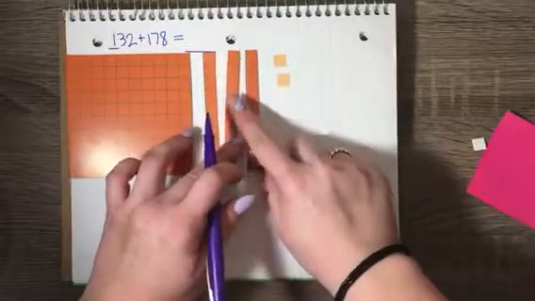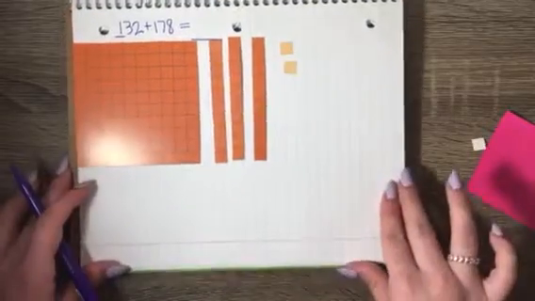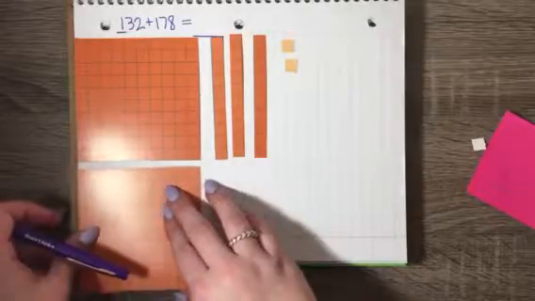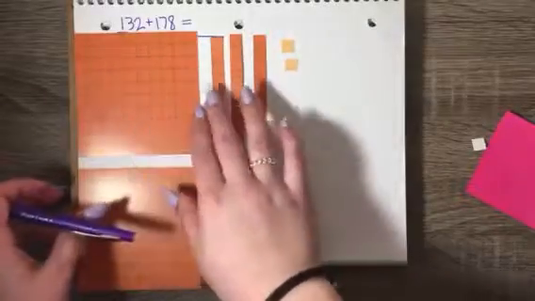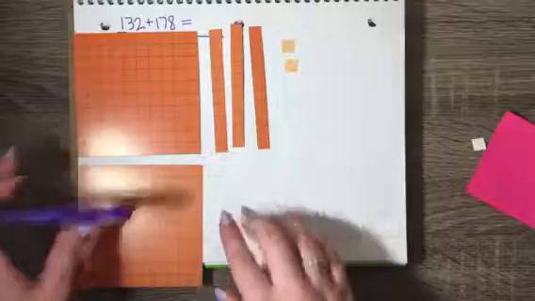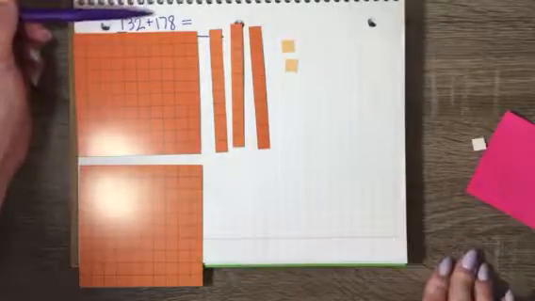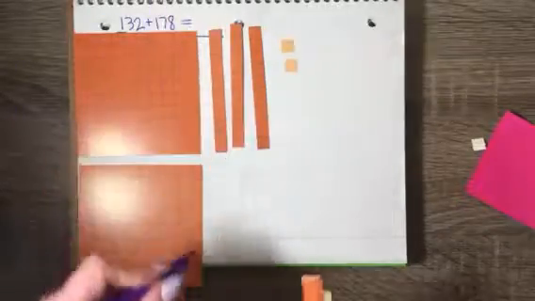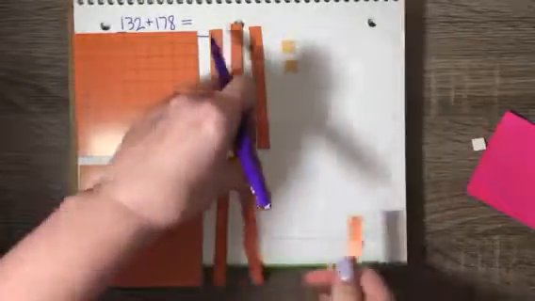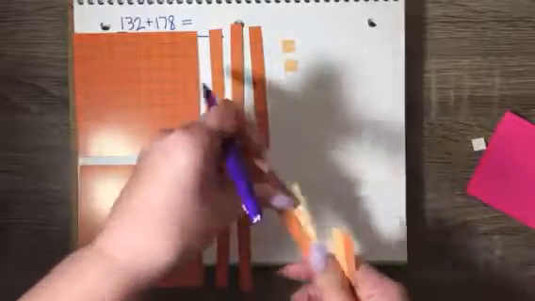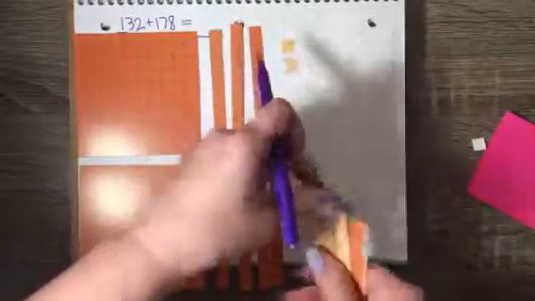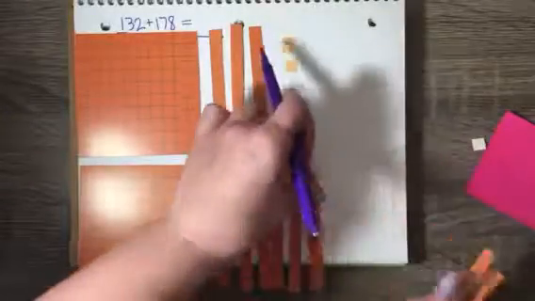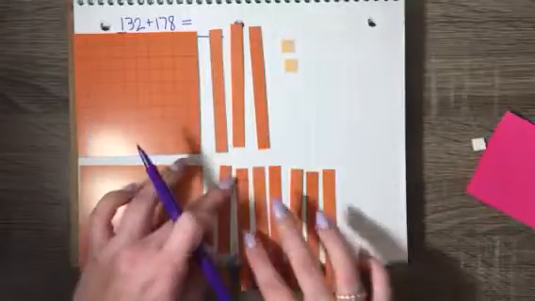Okay? Now we are going to get the pieces out for the second number, our second add-in, 178. So I'm just going to move this up a little so we have space here. Once again, in our hundreds place, that will be 1 flat. We will need 7 longs: 1, 2, 3, 4, 5, 6, 7.